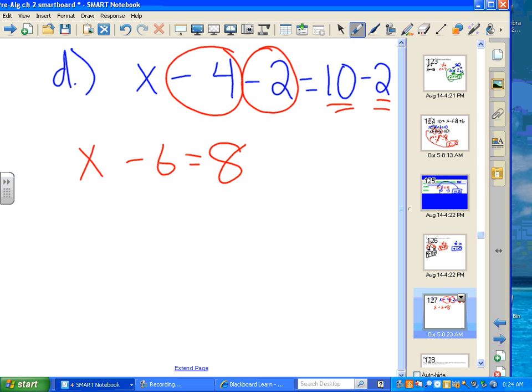You know what I mean? Wait, if it's minus a negative, it would be x minus negative 6. No. Okay, drop down the x. Ready? See what I circled? Negative 4 minus 2 is negative 6. Whatever the result of this is goes after x.